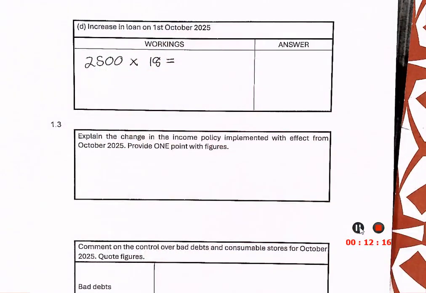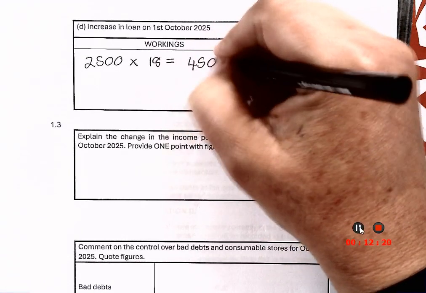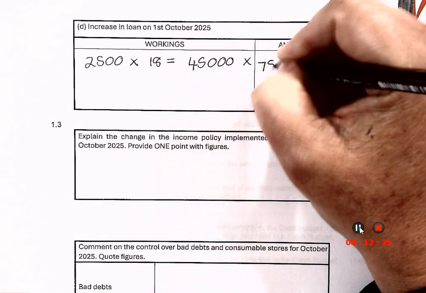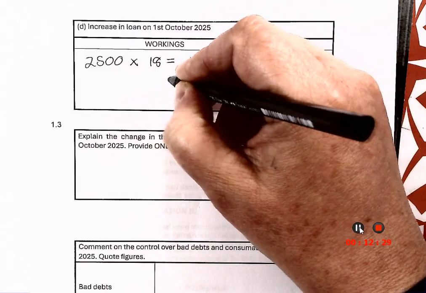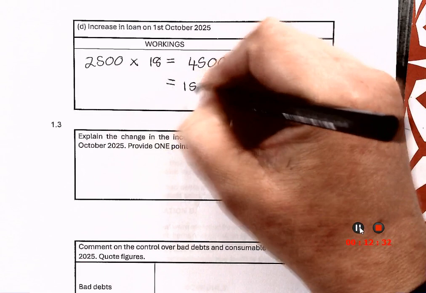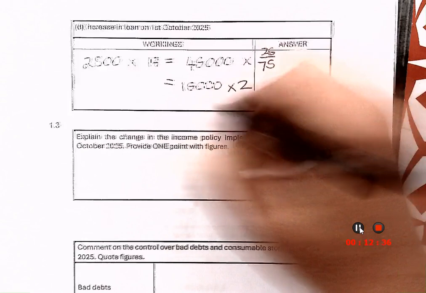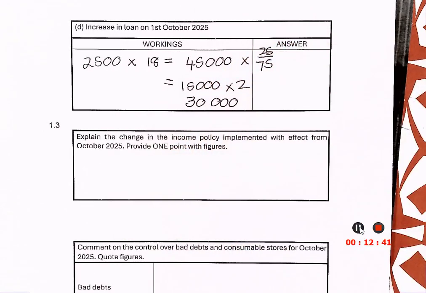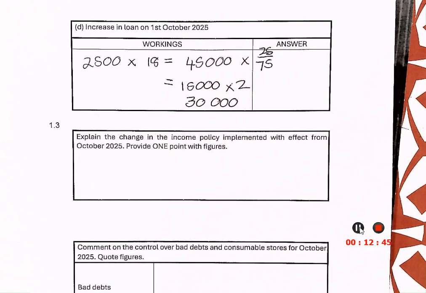Then I get 45,000, and that 45,000, do you agree with me, is 75%. And I want the 25%, and that gives me 15,000. And that 15 times 2 gives me the loan, 30,000. Do you guys understand what I did? They say the balloon payment is 25% of what we owe.